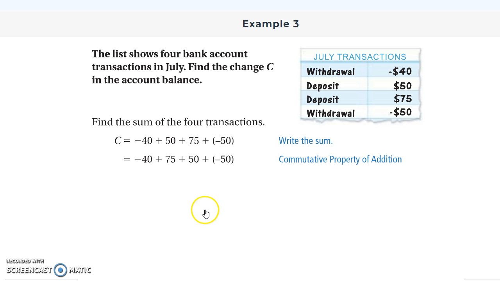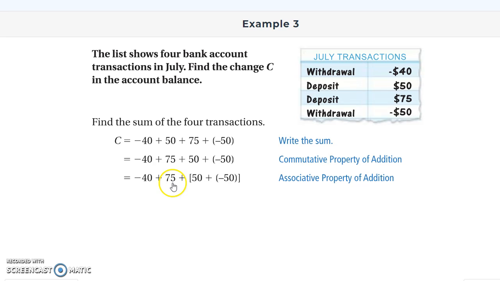Right away, we're going to start shuffling numbers around so that, oh, I wouldn't have done that. They put the 50 and the -50 together to total 0. I probably would have added the 50 and the 75 and the -40 and the -50, which was a lot more work. Pretty cool to notice the +50 and the -50 are going to give me 0, and I'm left with the -40 and the +75.